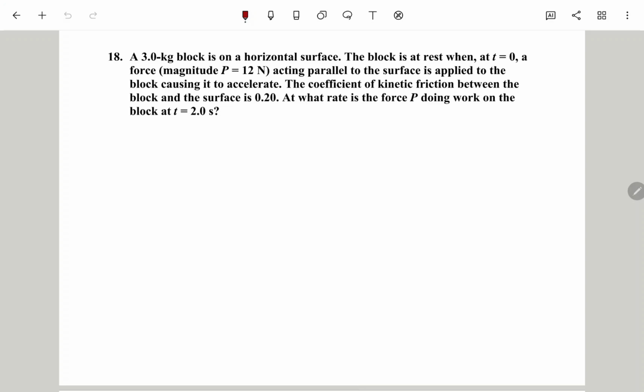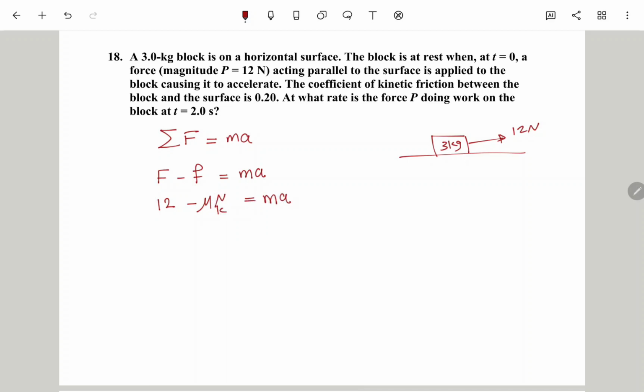Now again, we have a block here on a horizontal surface with 3 kilogram mass, and this is the force, 12 newtons. So the sum of all forces equals ma. Now F minus frictional force equals ma, or 12, this is force F, minus mu k N equals ma.